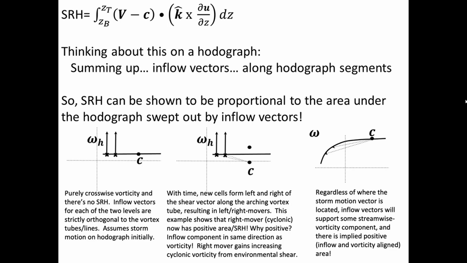Whereas this entire process is far more efficient from the beginning with an arched hodograph, because regardless of whether our initial storm motion is on the hodograph or not, we get area swept out by this hodograph. As you can see here in this triangle-looking area, if we were to connect a chord between these 2 points, we have area under this hodograph, which corresponds to the vertical integral of some non-zero dot product between the inflow vector and the horizontal vorticity vector.